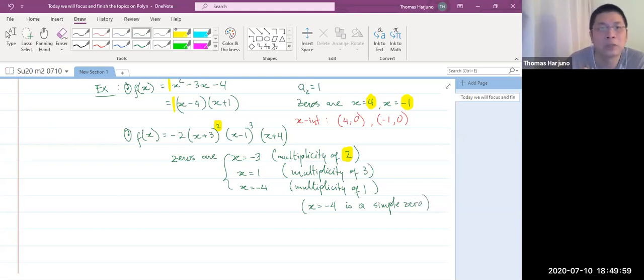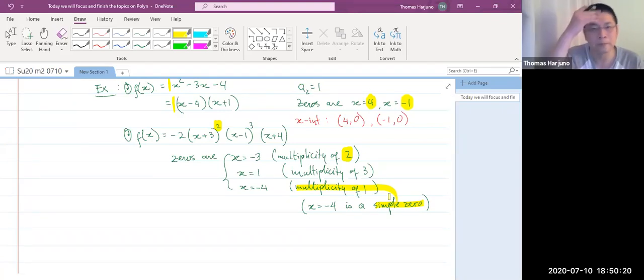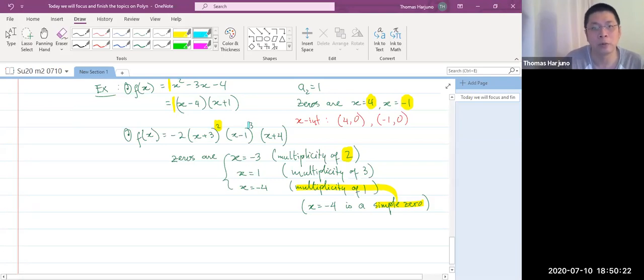I don't know if they use this terminology in our textbook, but simple zero simply means it has multiplicity of 1. So if a zero is a simple zero, that zero has multiplicity of 1. Let me put the 3 here, the multiplicity of 3, and the invisible 1 here.